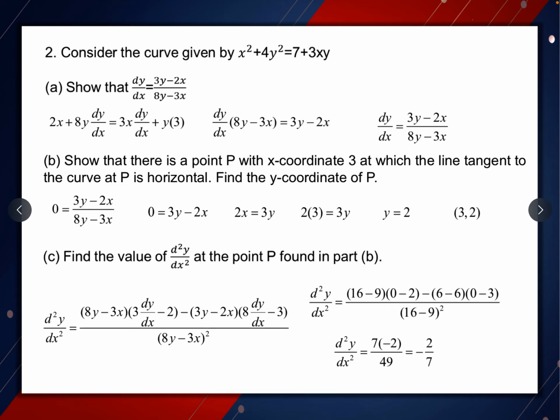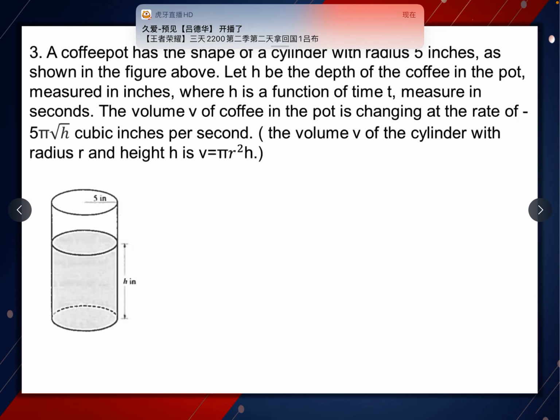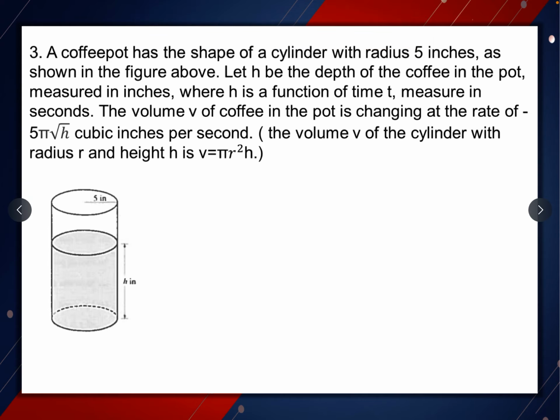We make the square of that one, and using the quotient rule, we can finally get that the second derivative of y with respect to x is negative 2 over 7. Because we know the value of x and y, we can plug them into here and get the value.